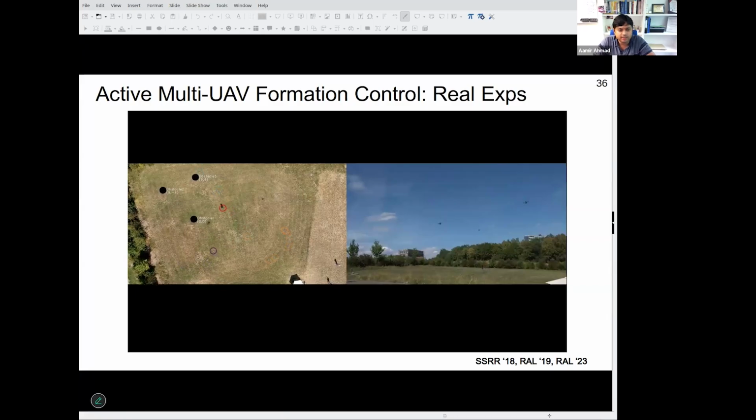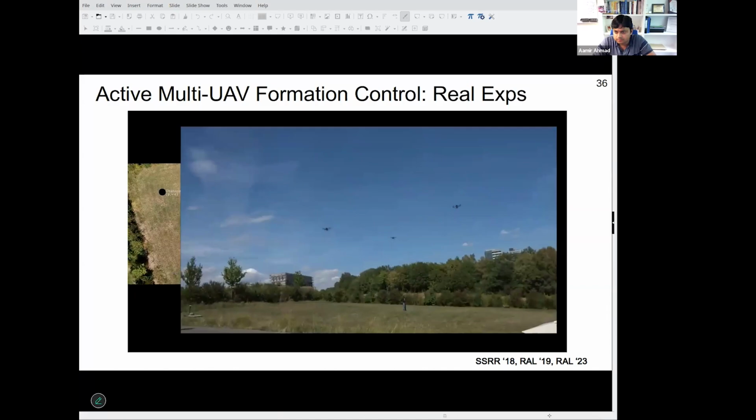Also to emphasize that our drones did not have any sensing for obstacles. So there is no collision sensor or obstacle sensor that could be used for avoiding collisions. So these virtual obstacles were pre-programmed.